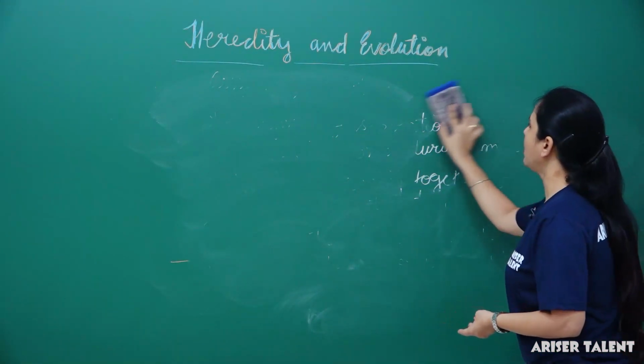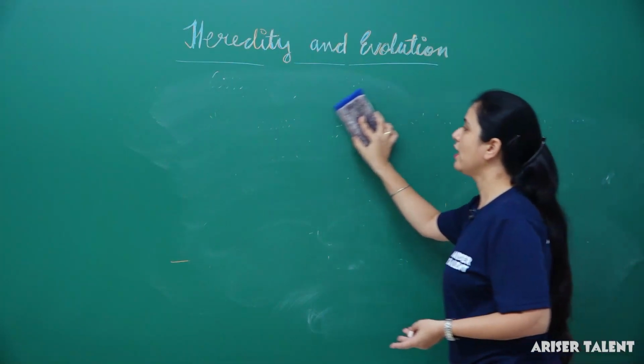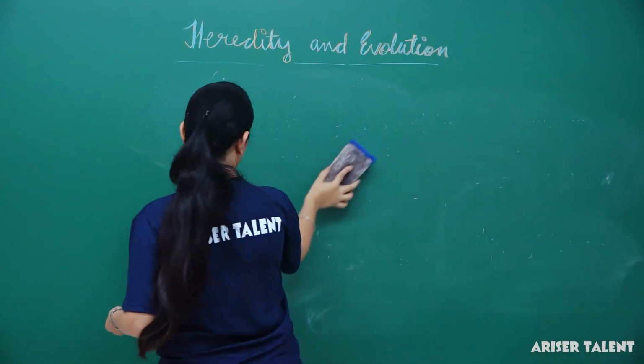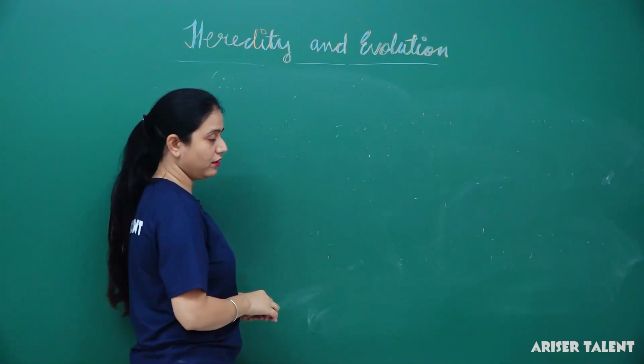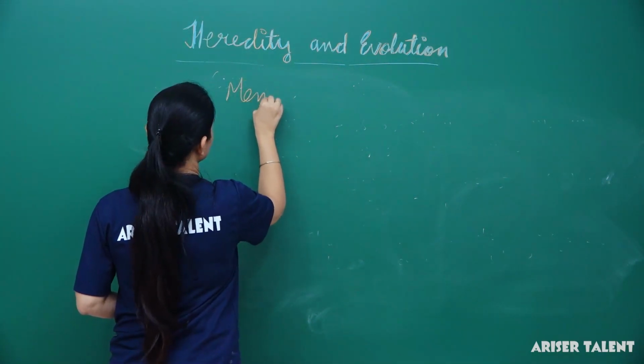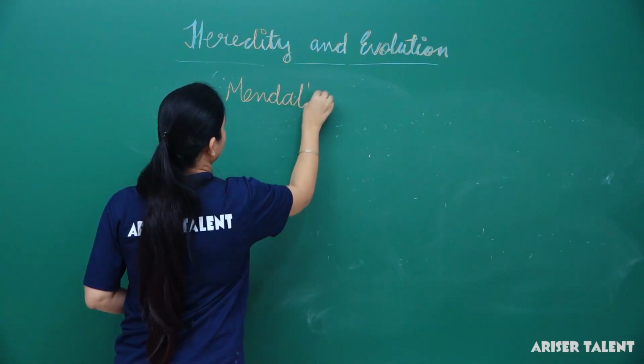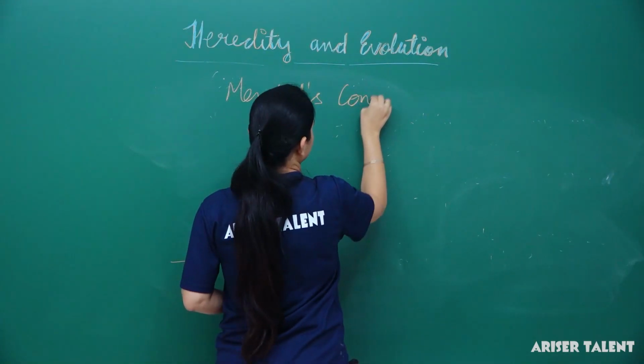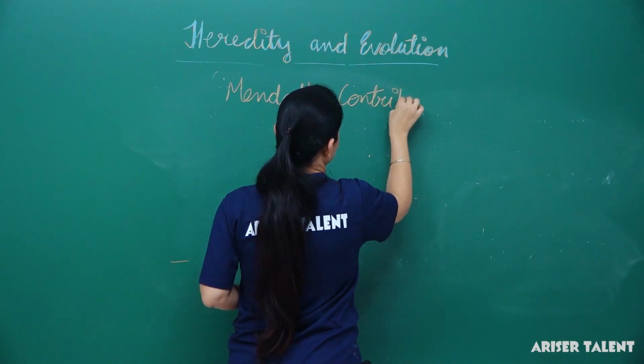Actually, if we talk about Mendel, then he was born on July 22, 1822 in Austria. Okay, Mendel's contribution in genetics.